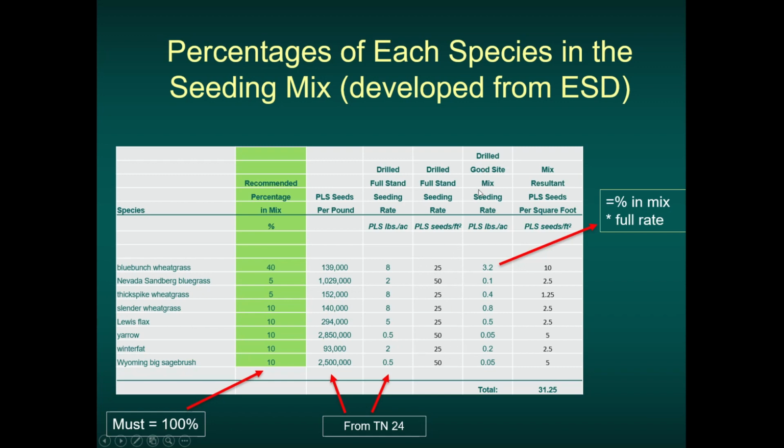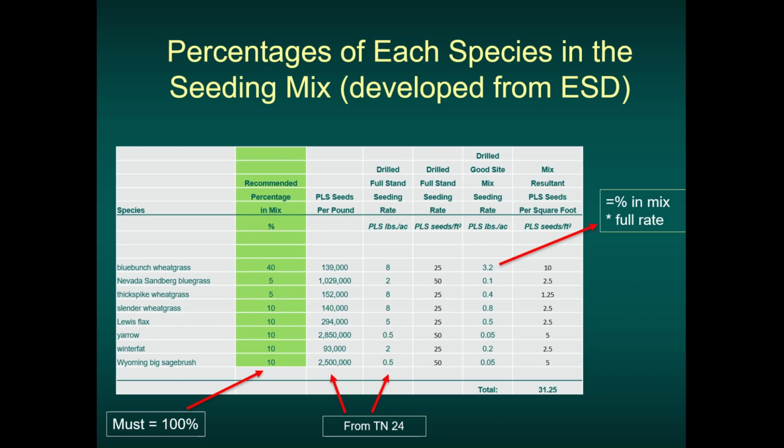So to get your actual pounds per acre, you're going to multiply the full seeding rate times the percentage. So 8 times 0.4 is 3.2. So in our mix now, we're going to put 3.2 pounds per acre of bluebunch wheatgrass.